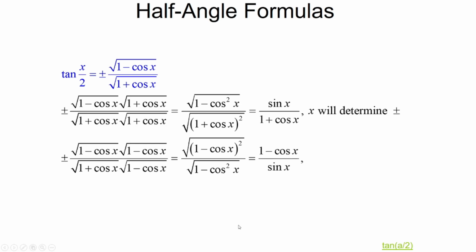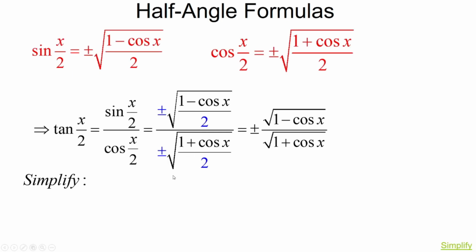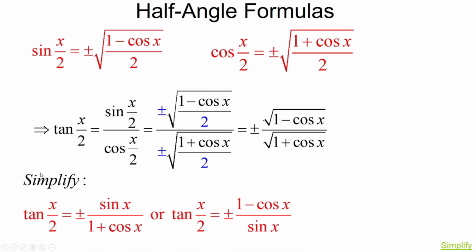So clean it up here, and the square dropped the radical, leaving me 1 minus cosine of x. And you guys all know by your Pythagorean relationships, 1 minus cos squared of x is sine squared of x, and the square root of sine squared is sine. And again, the x will determine your plus or minus. So let's go back and finish this off here. So simplify. Okay, well, we did that, and here's what we have right here.